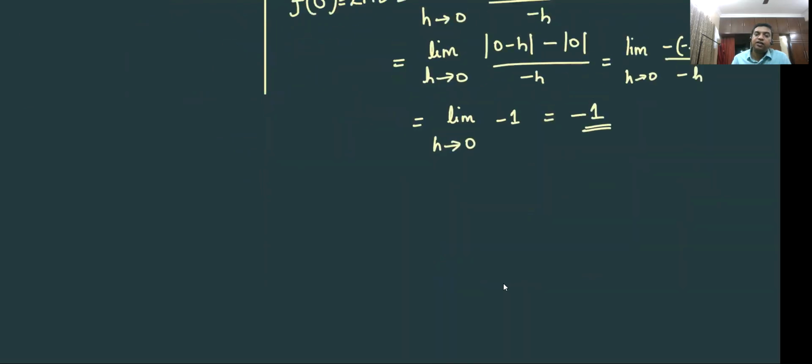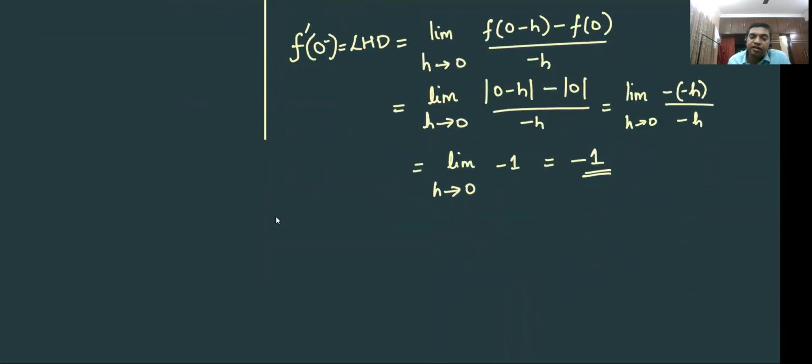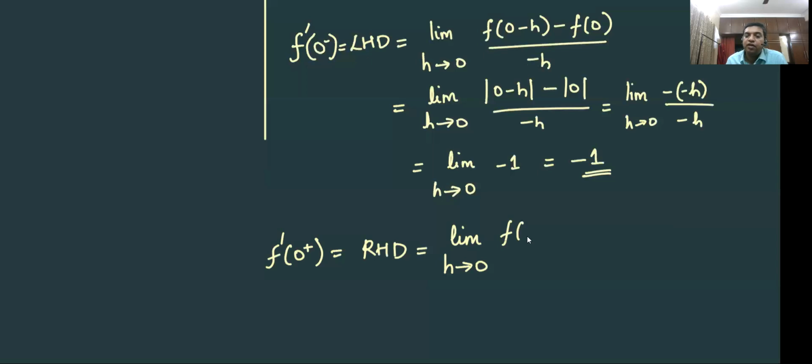Now look at the right hand derivative. We will write this as f dash of 0 plus. This is right hand derivative, limit h tending to 0, f of 0 plus h minus f of 0 by h.